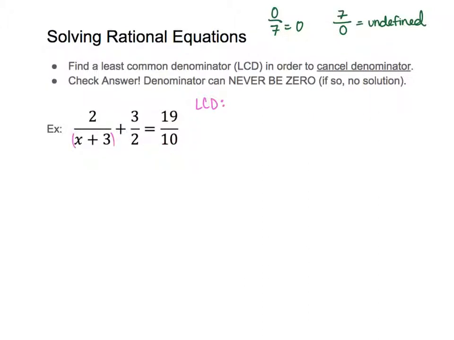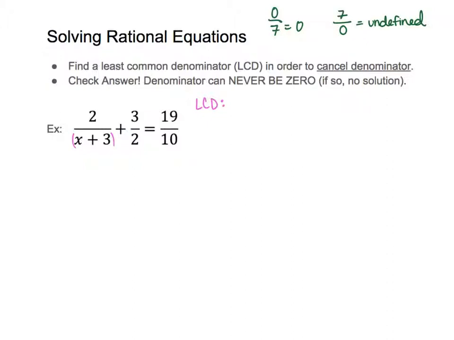So I'll put that in parentheses. Whenever I have an x or an expression that has a variable, I just make that a factor. Whereas the 2 and the 10 are numbers, so I have to think of the least common denominator for those two first.